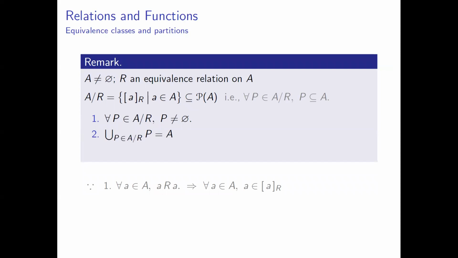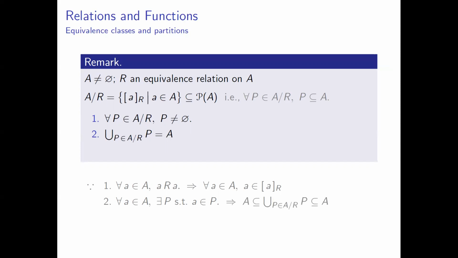The union of all sets P in A modulo R is equal to A. Indeed, it follows from the proof of number 1 that for each object small a, there is a set P in A modulo R which contains small a.